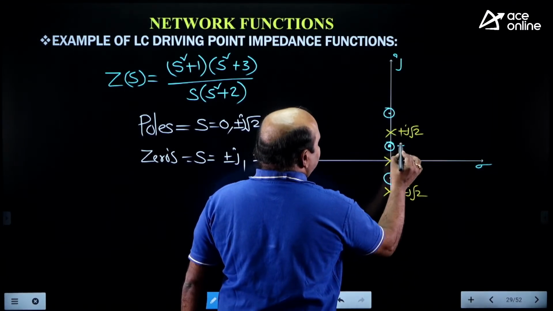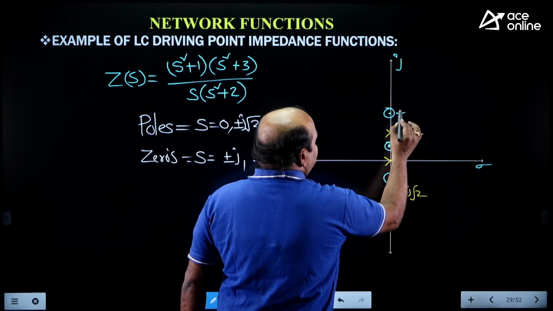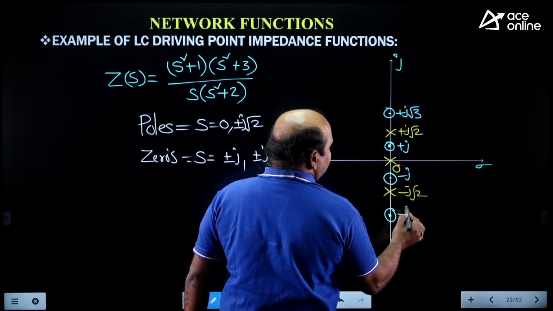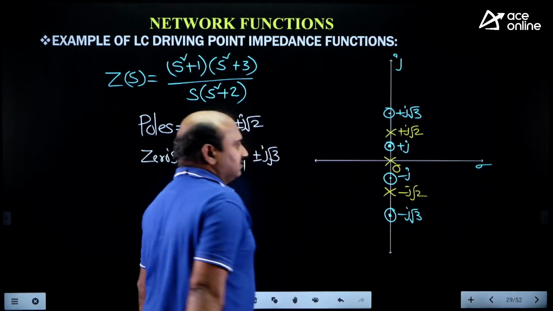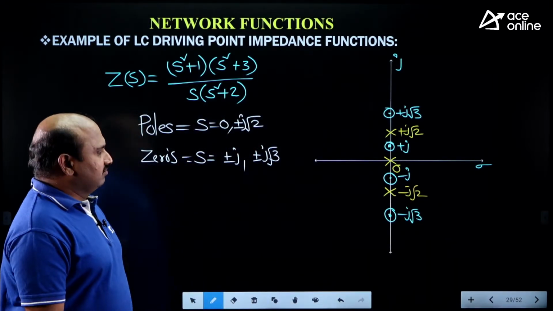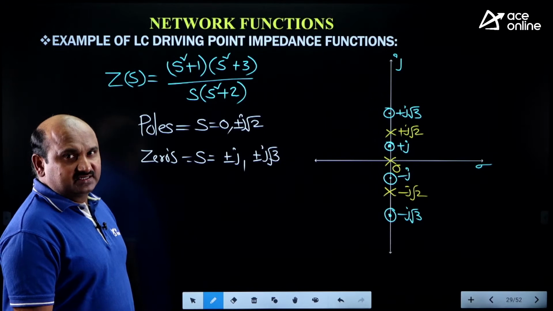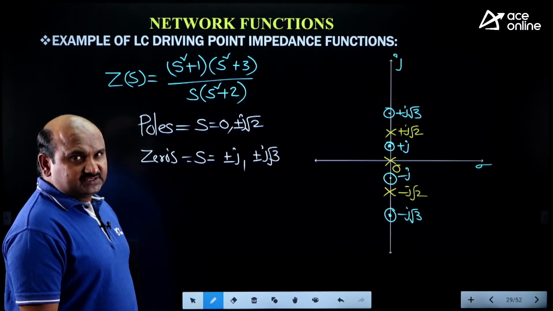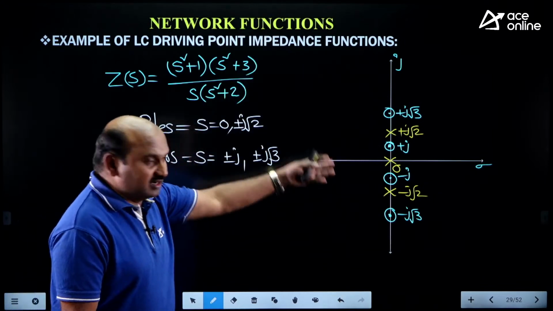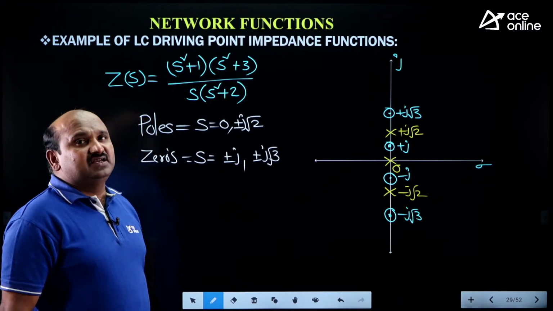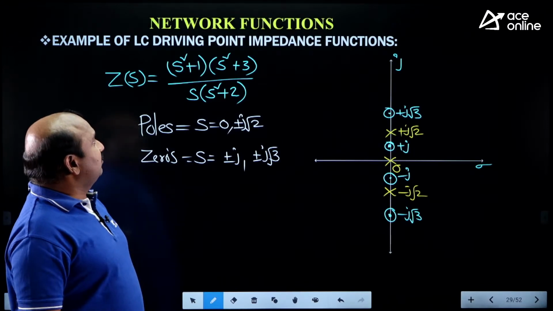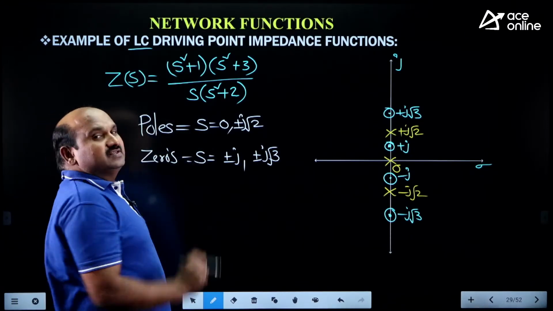Now plus j root 3 and minus j root 3. Is it right? Now, poles and zeros are alternate and they lie on the imaginary axis. This is about the LC driving point impedance function.